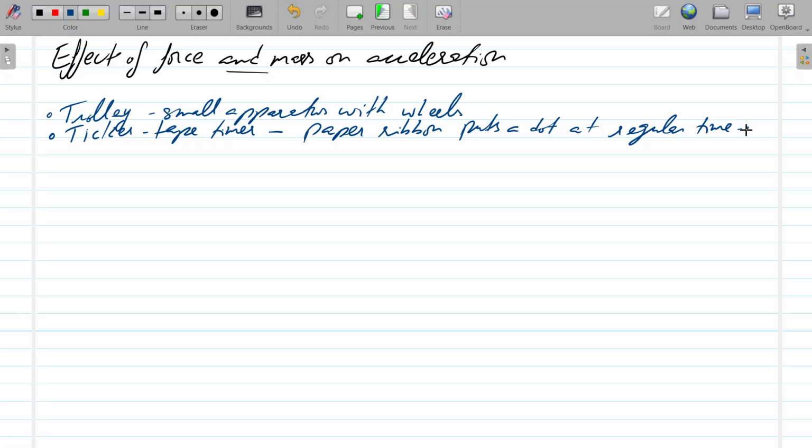What those time intervals are can be set, or it depends on the type you're using. So at regular time intervals, it's going to put a dot on the paper ribbon that's passing through the device.